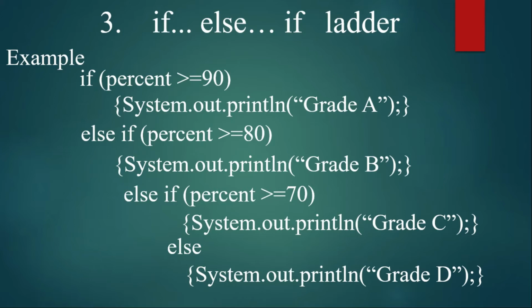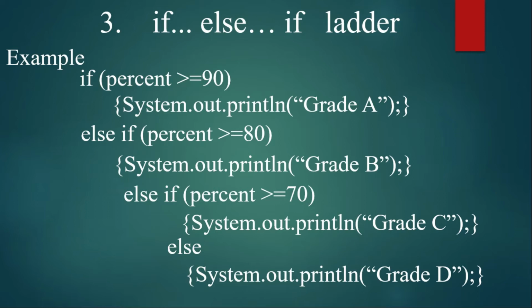If it is false, then the next condition, that is, if percentage greater than or equal to 80 is checked. If that is true, then grade B is printed and the rest of the statements are bypassed. If it is false, then the next condition is checked and it goes on. If all the conditions are evaluated false, then the final else block is executed. That is, grade D will be printed in this case.